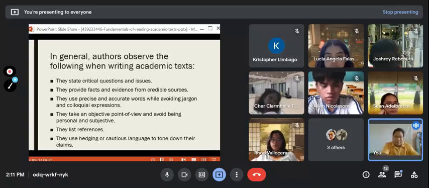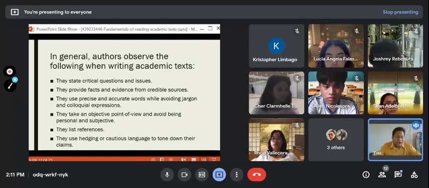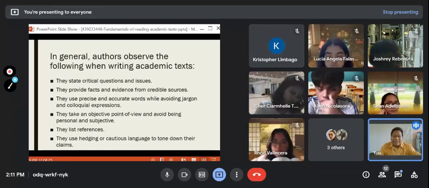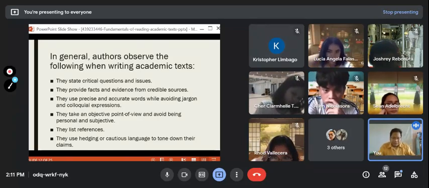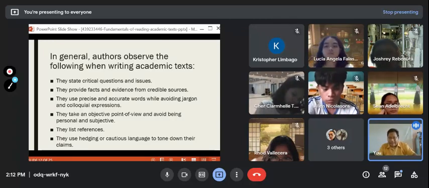So as to avoid being accused of such a problem, they use hedging expressions like probably, seems, possibly, assumption, there's the suggestion, may, might, could. They could actually be used as hedging expressions. Again, any kind of language or any expression that can be used to tone down their claims is a hedging expression.